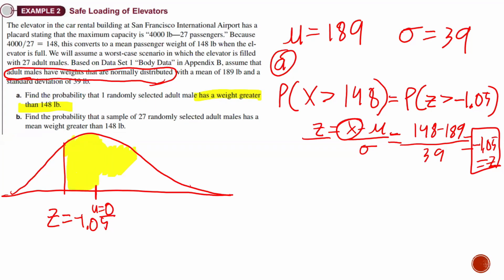We could use our calculator, or we can use our table. Let's try our table. I find the tables easiest when you have a single z-score. Calculators are easier when you have two z-scores.